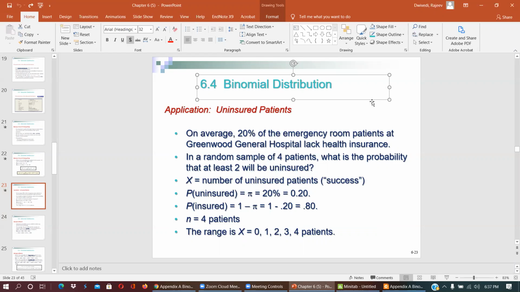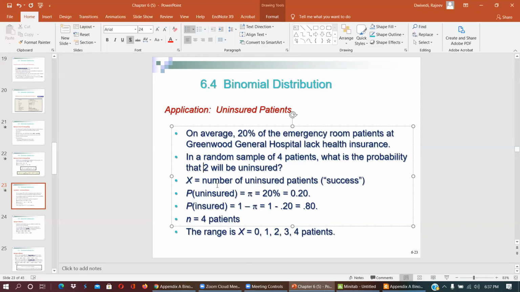So here is the question. Now, how do we get the answer? I just remove this part, at least. First, we are going to answer: in a random sample of 4 patients, what is the probability that 2 will be uninsured? Let me use the same thing.